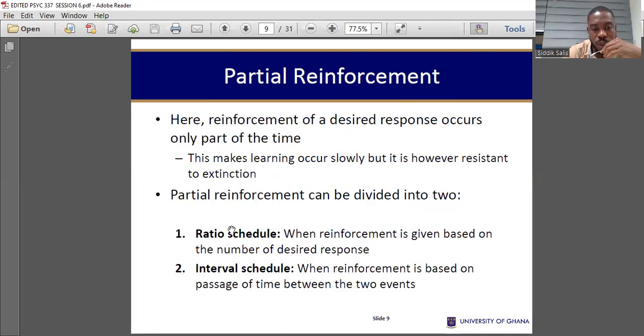Partial reinforcement. Like I said, we are going to have ratio and interval. With partial reinforcement, it's not about every correct behavior or response being rewarded. It has either ratio or interval. So now let's discuss ratio.